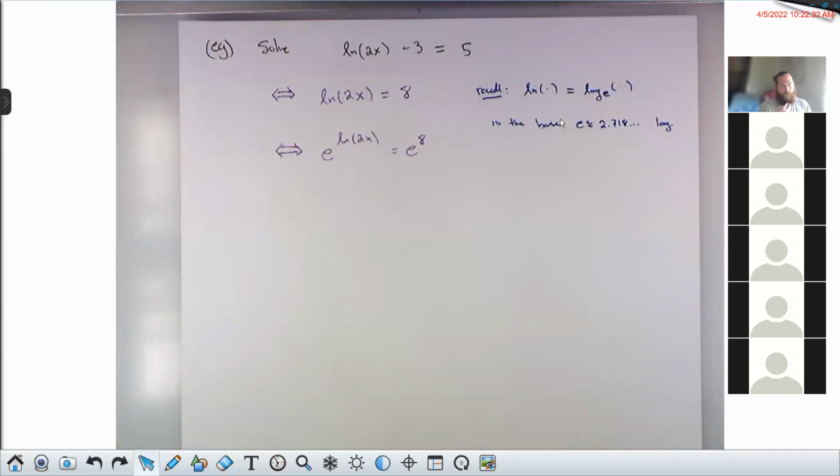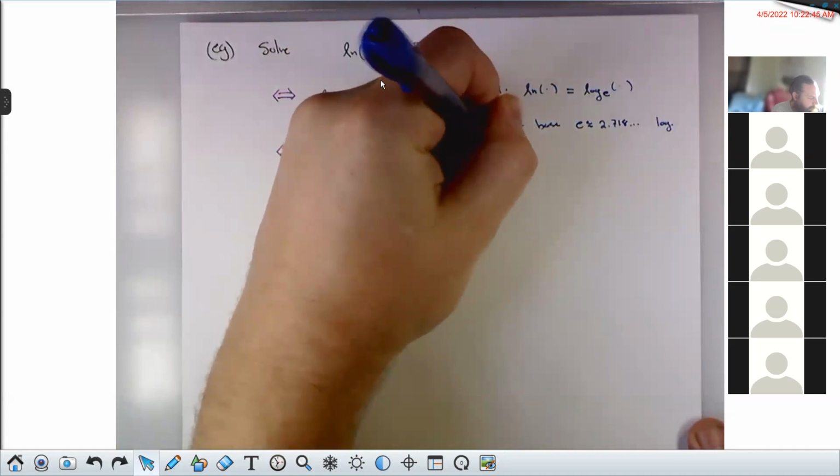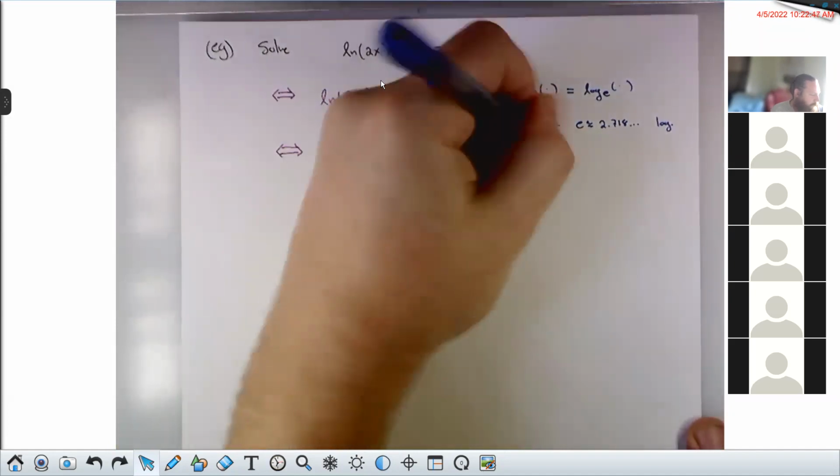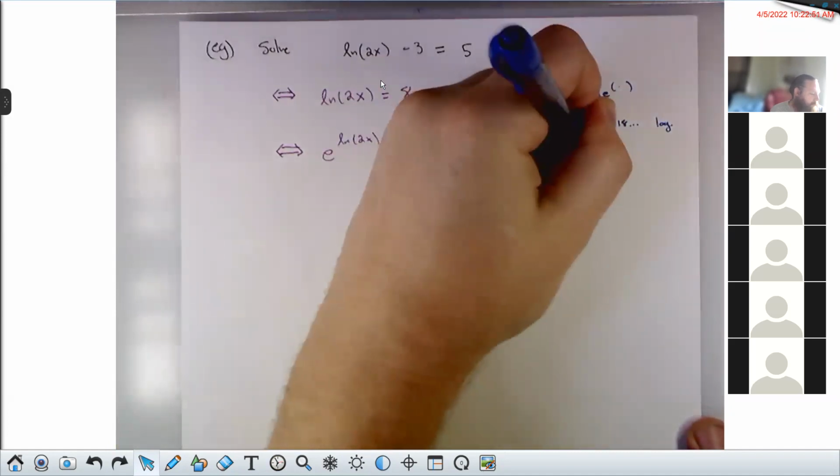I thought whenever there wasn't a base presented, you would use 10 as the base. If you have log without a base, the other special notation is the log with no base written, and that is the base 10 log.